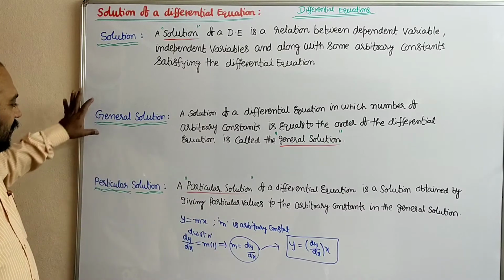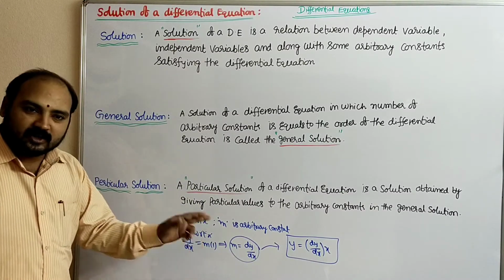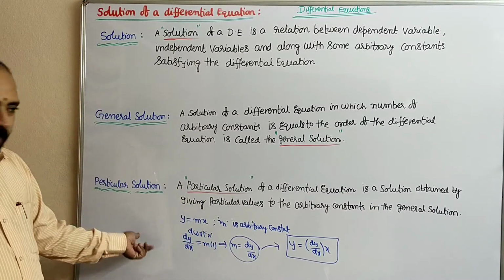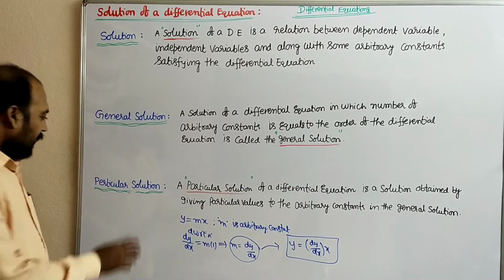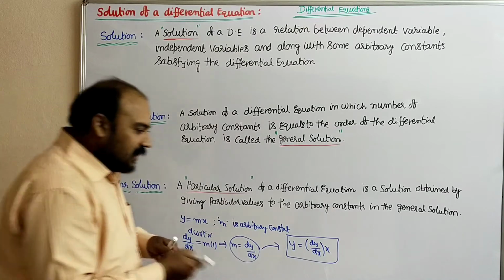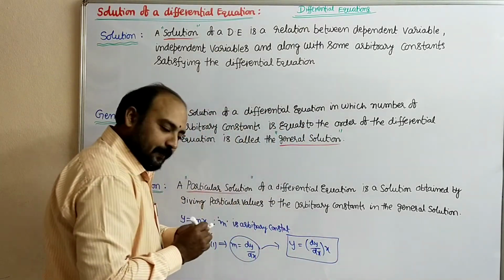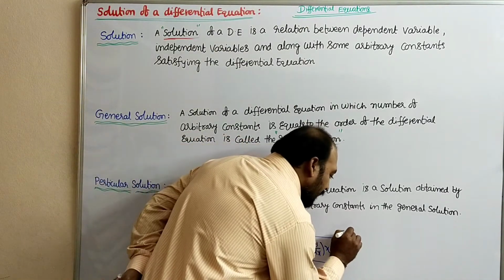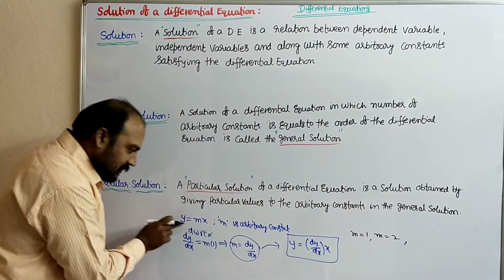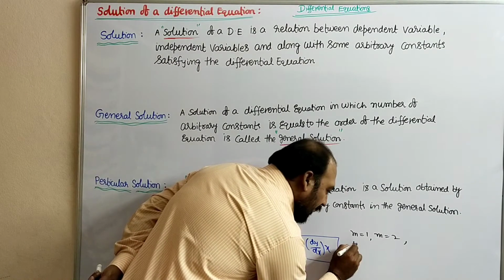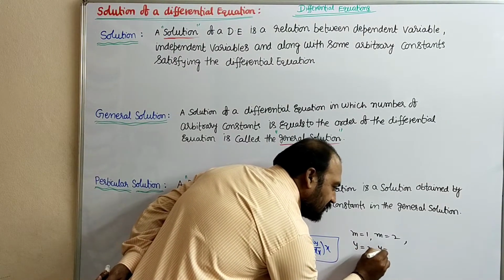What is meant by particular solution? The general solution is done: y is equal to mx is the general solution for the differential equation y is equal to dy by dx into x. How to get the particular solutions? By giving values to m. Suppose we take m is equal to 1 and m is equal to 2, the equation becomes y is equal to x, y is equal to 2x.